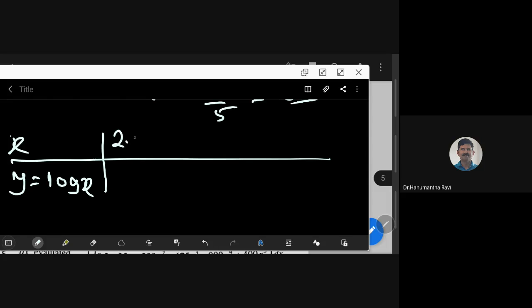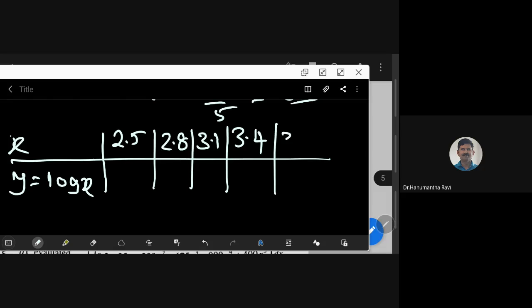So 2.5, 2.8, 3.1, 3.4, 3.7, adding 0.3 each time, and then 4.0.